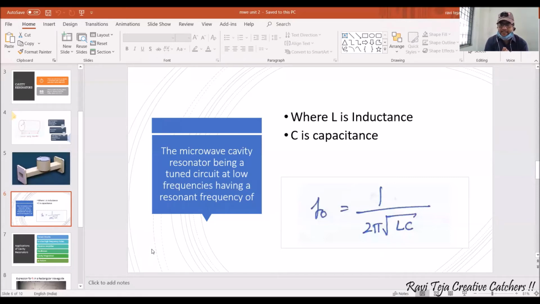You might have already seen this formula in many subjects. So here also a cavity resonator is given by f naught equal to 1 by 2 pi square root of LC. Can anyone say the value of pi?